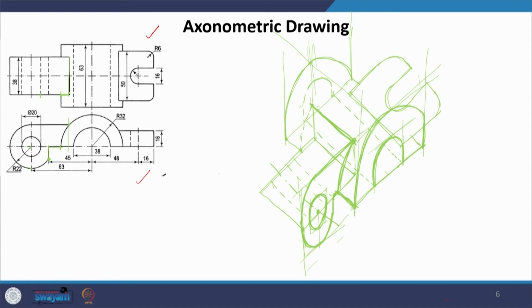Exactly the same thing we can draw at the back, which will not be visible, but we will draw the bigger circle here.